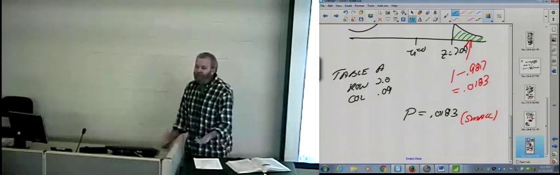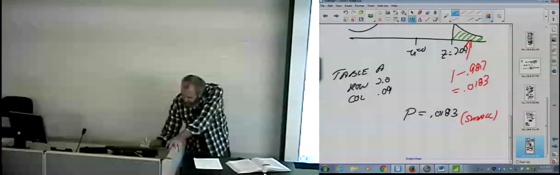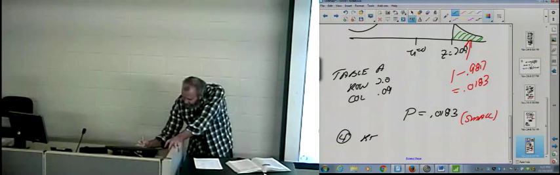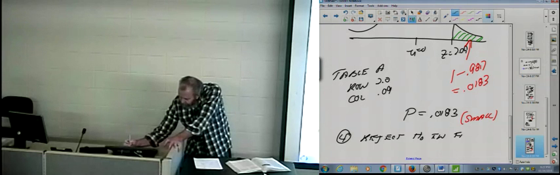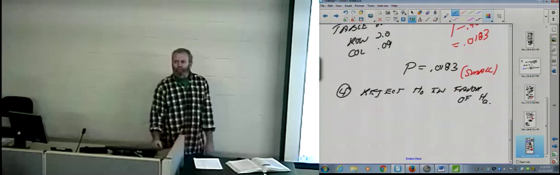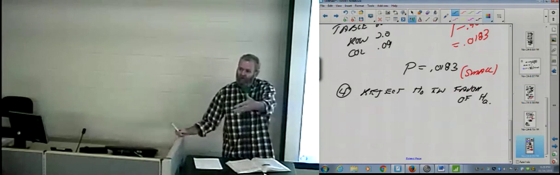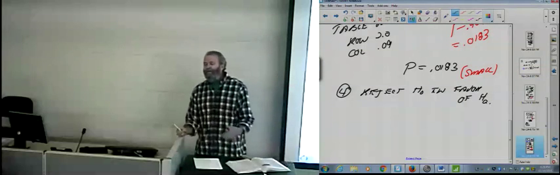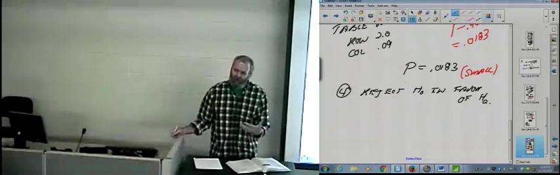Okay, you got a small p-value. What do we want to do? In general, I would like to reject H naught in favor of the alternative. Right? Small p-value, right? You want to get rid of the null, you want to favor the alternative here. What does that mean in the context of this problem? I got strong evidence in favor of the alternative here, right?